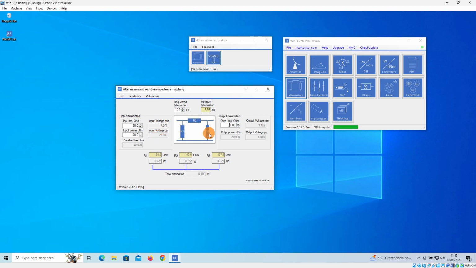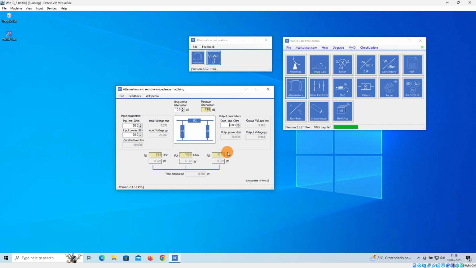After passing through this attenuation, going into the load impedance of 100 ohms, you see the calculated output power, as a check, is indeed 20 dBm, which is 30 minus 10. The output impedance is 100 ohms, giving an RMS output voltage of 3.162 volts, and peak-to-peak 8.944.